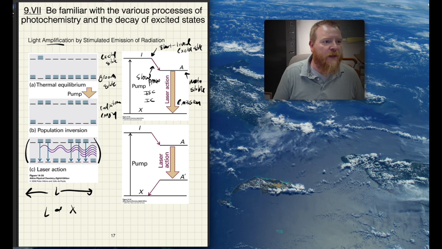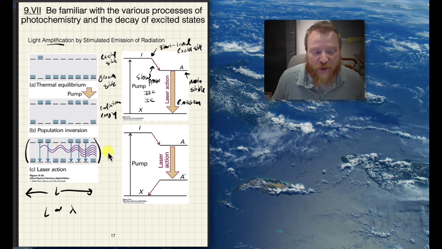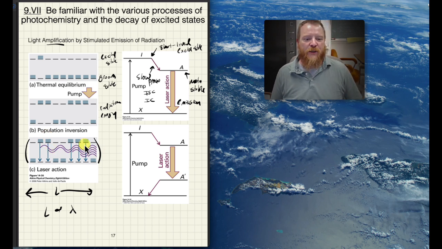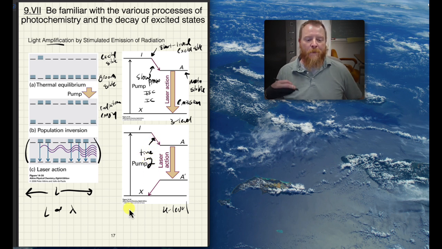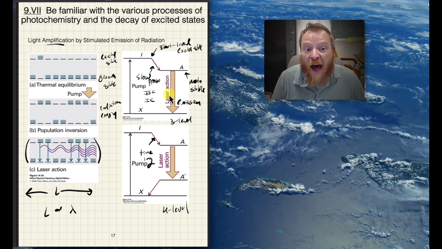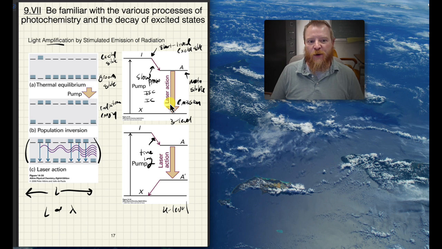That should be a lambda right there. Thus we get maximum constructive interference that amplifies how much light we can get out. So this is showing a 3-level laser. The same thing could also be achieved with a 4-level laser. What's important to note is this time lag. That's what makes our population inversion, and that's what gets us emitting a lot of photons from a single process.